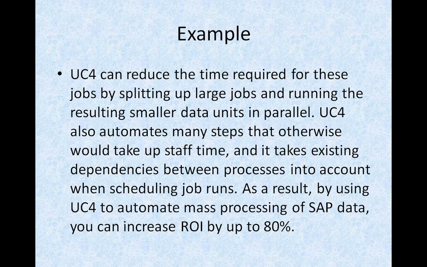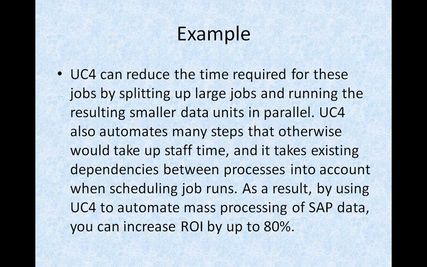When you run the batch jobs from SAP internally, probably at a certain point it fails and gives you a timeout, or the high amount of data cannot be calculated. In this case, UC4 can intelligently understand that these are large jobs, split them, and run them in parallel. This is a very, very important topic.